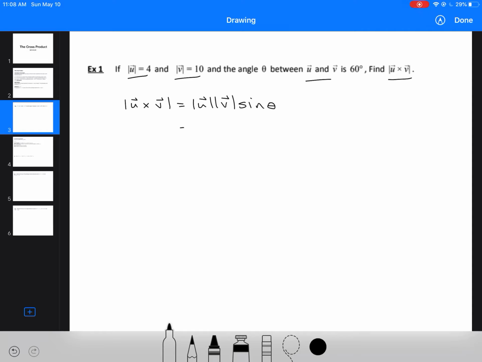We have all the information that we need. So 4 times 10 sine 60. That's 40, and sine 60 is a special triangle, so this simplifies to root 3 over 2, which gets us to 20 root 3.